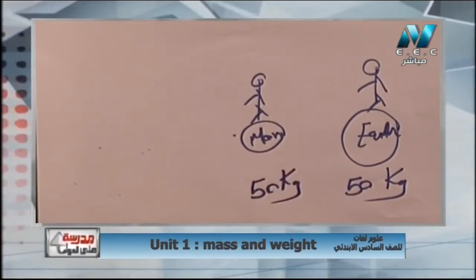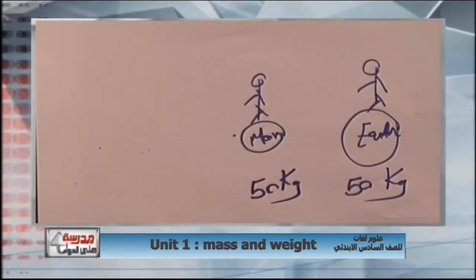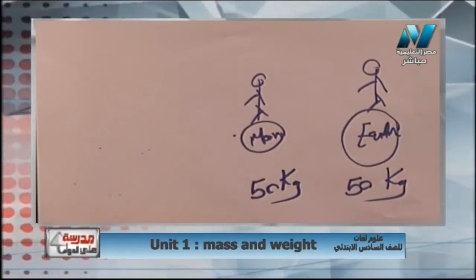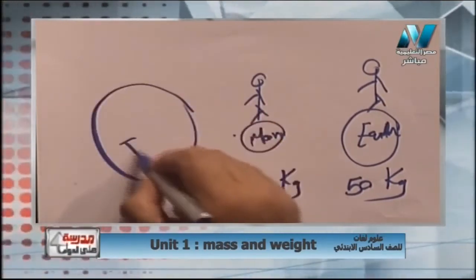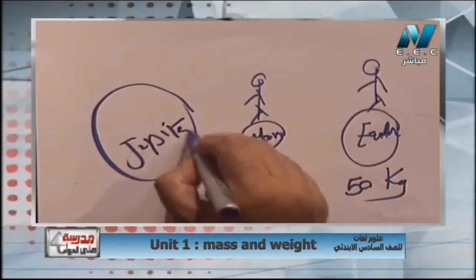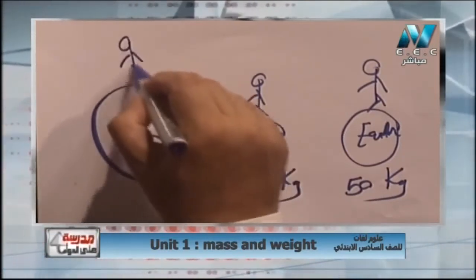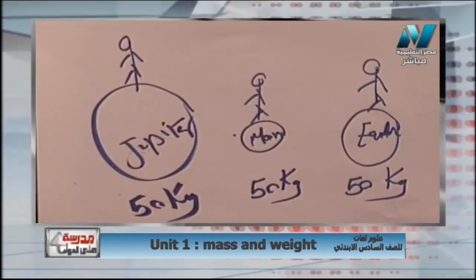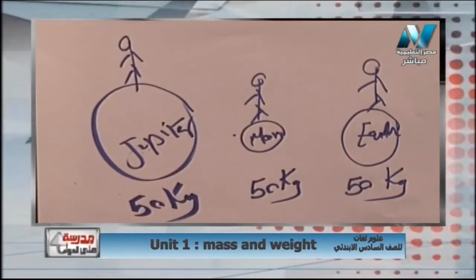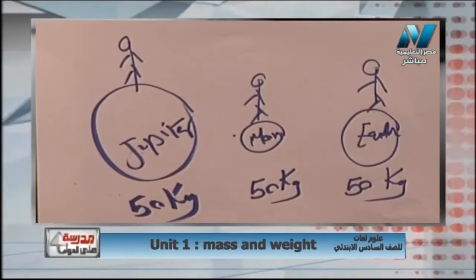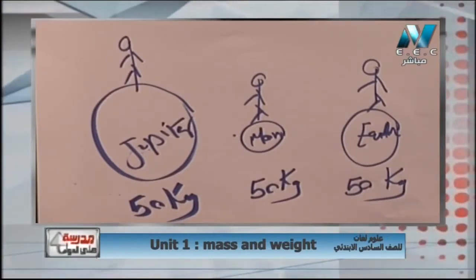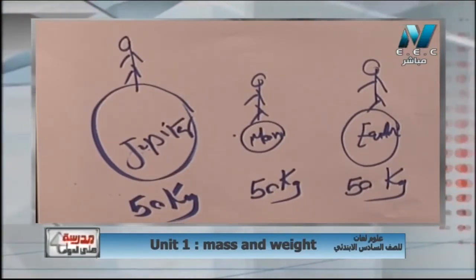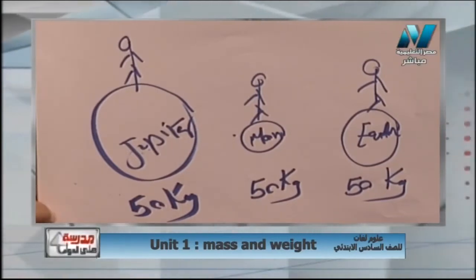So mass doesn't change. On the earth it was 50 kilogram, on the moon it is also 50 kilogram, and on Jupiter, you know Jupiter is the biggest planet, the same mass, it doesn't change. Or I can say all matter has mass whatever its place: in hand, on the earth, on the moon, on Venus, on Jupiter, on any planet. This means mass doesn't change when moved from planet to planet or place to place.